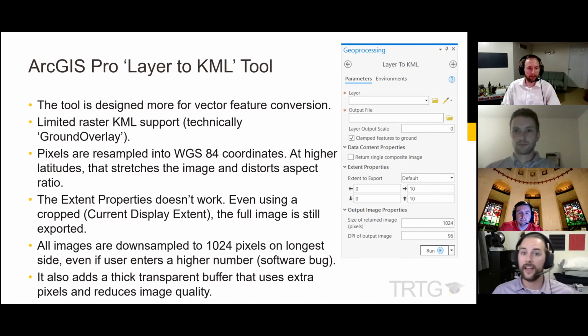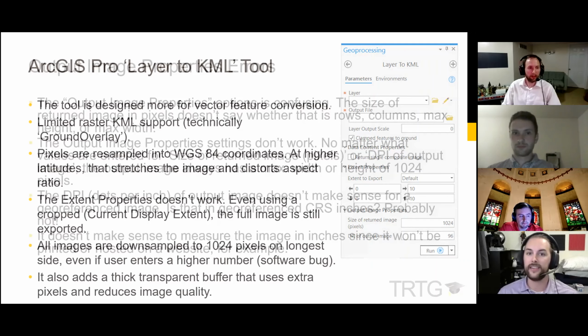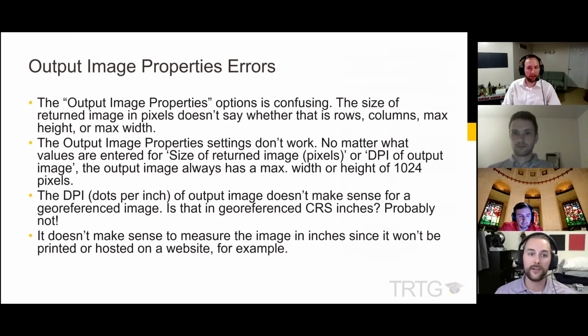So this means at higher latitudes, the image is distorted heavily. Notably, the extent properties selector does not work, and all images are downsampled to 1024 pixels on the longest side. Additionally, perhaps most annoyingly, it adds a thick transparent buffer around any resampled imagery that reduces overall image quality, especially considering that the longest length is 1024.